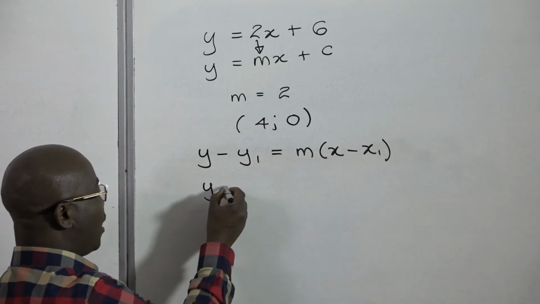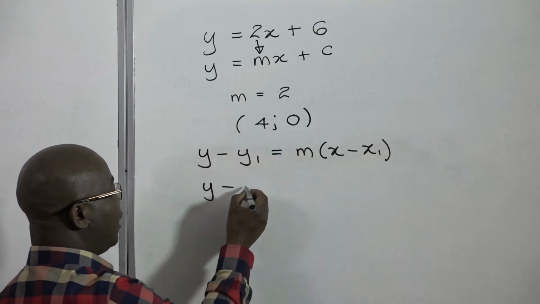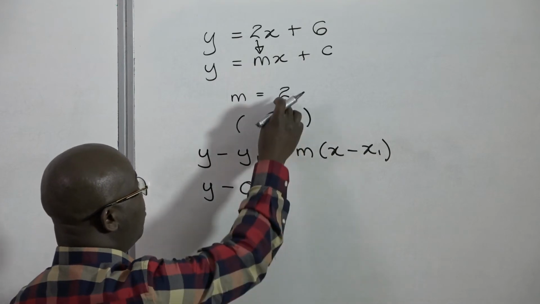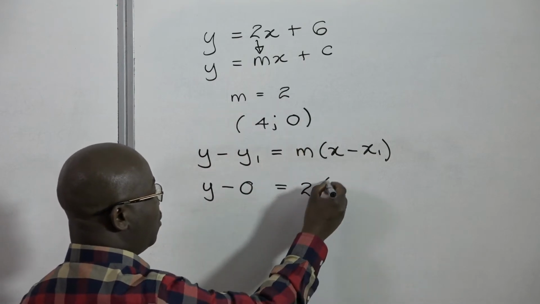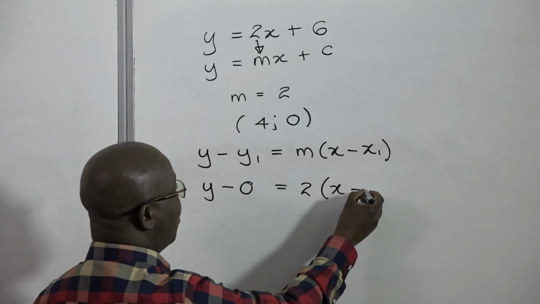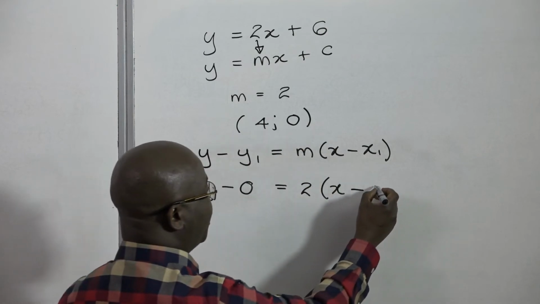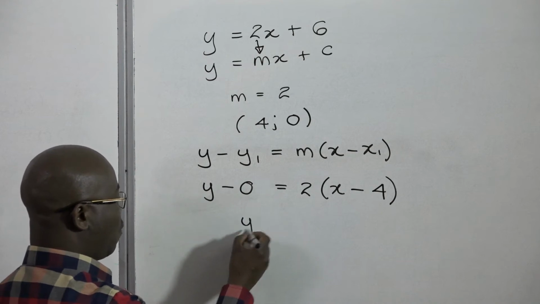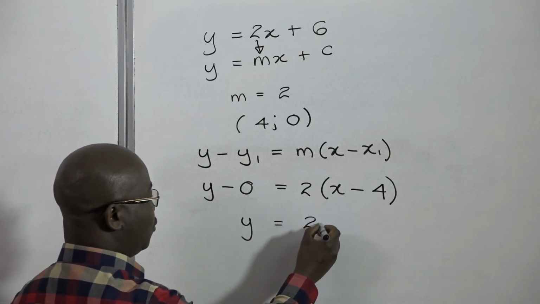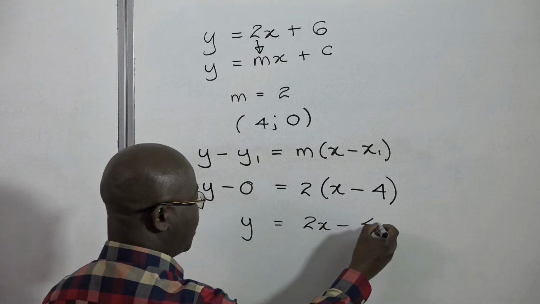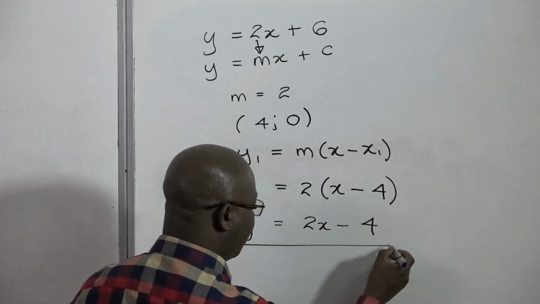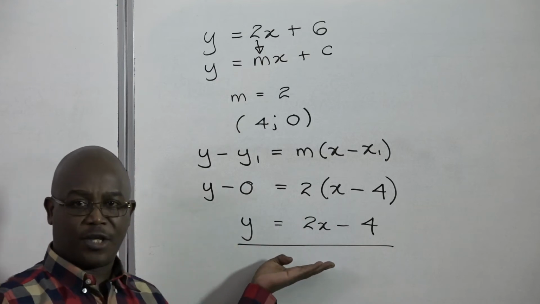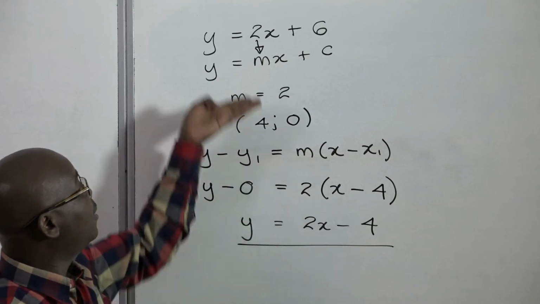Substituting, it becomes y minus y1, which is 0, is equal to m, which is 2, in brackets x minus x1, which is 4. And then we simplify that: y is equal to 2x minus 4. This becomes the equation of the new line, which is parallel to that line.